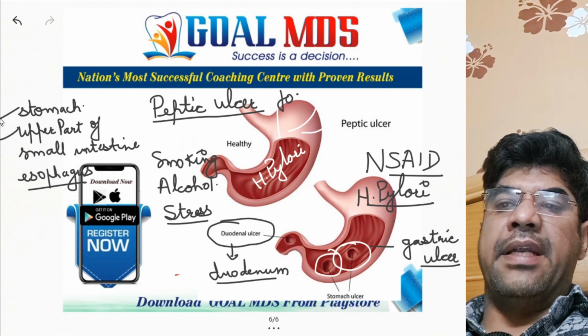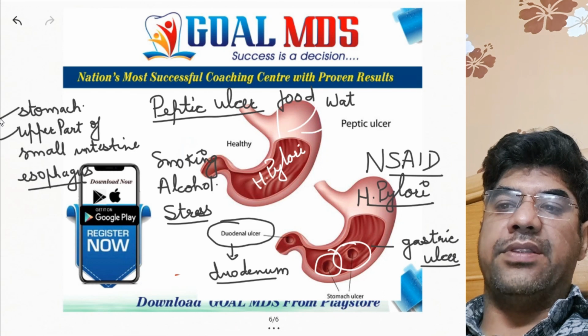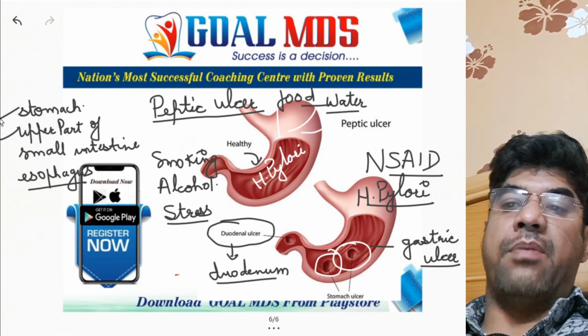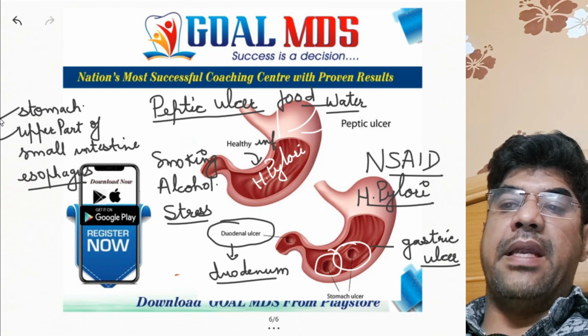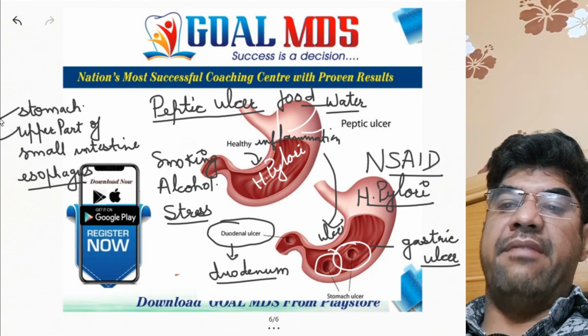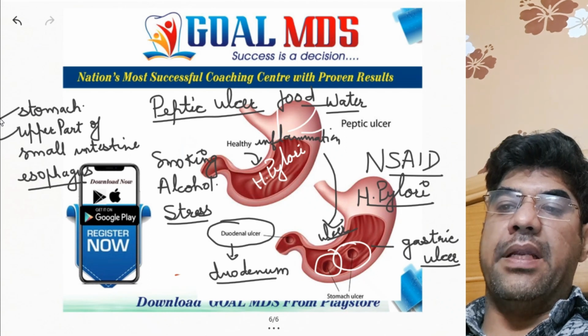H. pylori is spread through contact with contaminated food, water, or objects. This bacteria can survive in the acidic environment of the stomach and can even penetrate the protective mucus layer. So it may be seen where sanitation may be poor and access to healthcare may be limited.